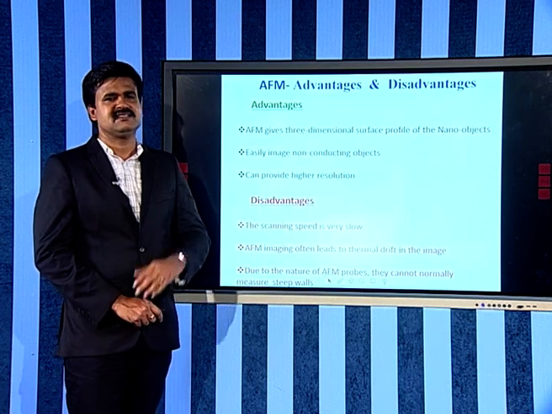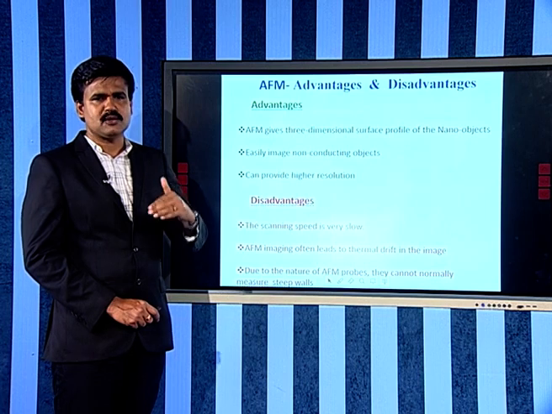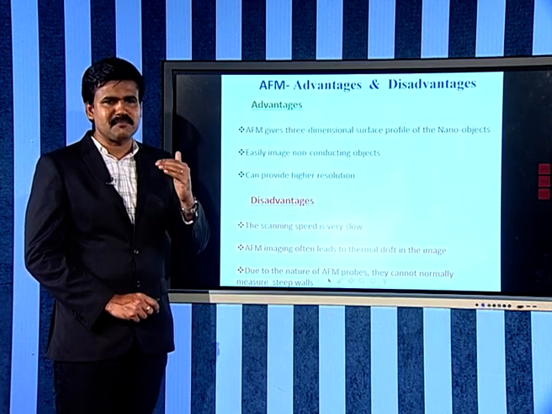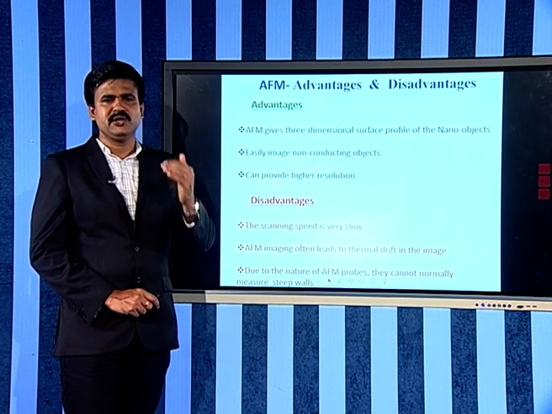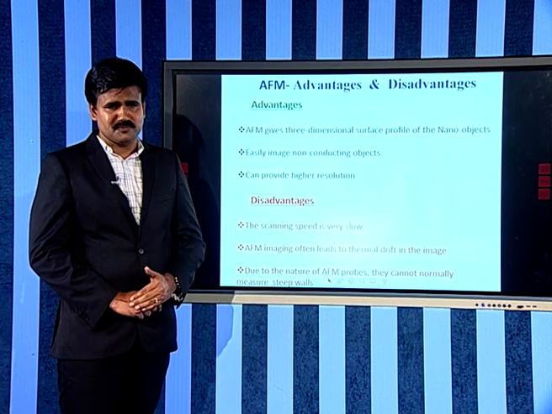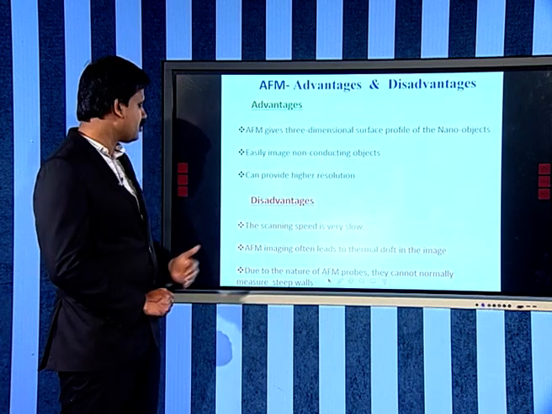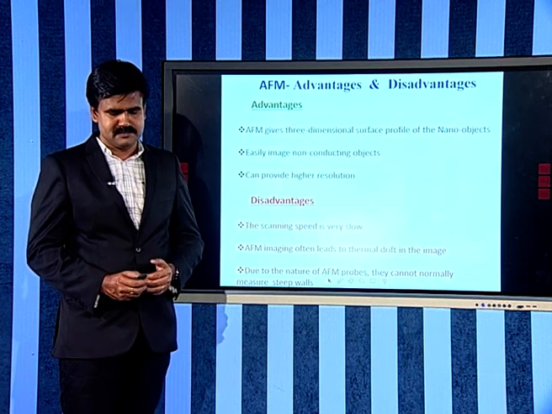Disadvantages are the very low scanning speed. AFM imaging often leads to a thermal drift in the image, that is, the image may get blurred. Due to the nature of AFM probes, they cannot normally measure steep walls or heights.